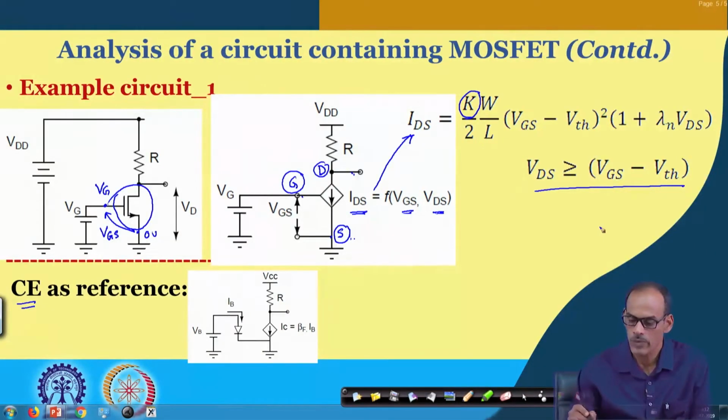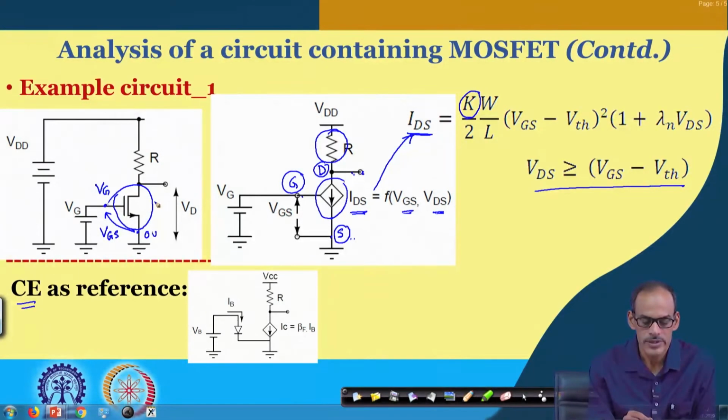Once we get the current, then we can find the corresponding voltage here by considering this part and this part together, namely their characteristics can be combined to find the output voltage. As you have done for the BJT, a similar kind of approach will be followed.